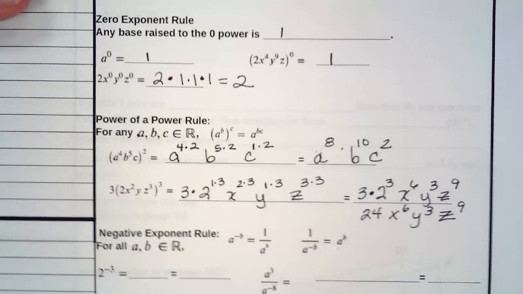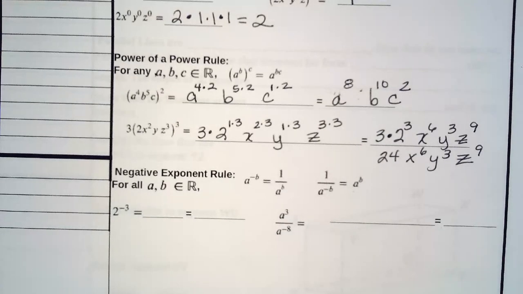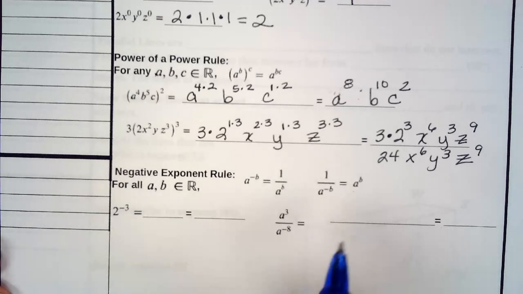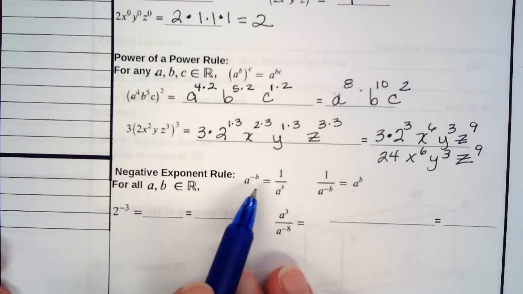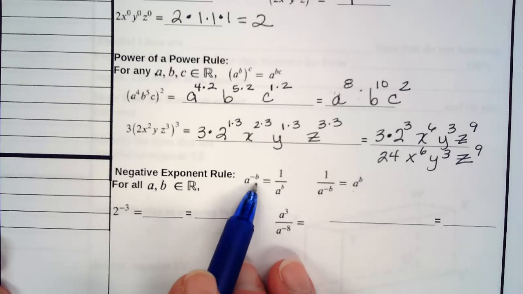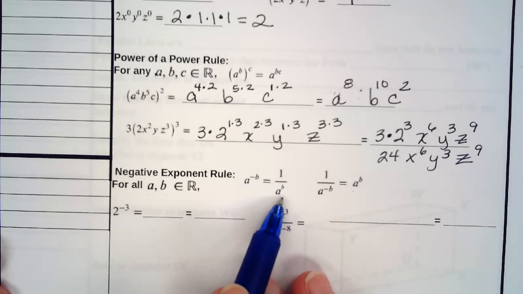This brings us to the negative exponent rule. You cannot have a negative exponent in a final answer. The only time you use negative exponents is when you're using scientific notation. Any other time, for any a and b, which are elements of the real numbers, a raised to the negative b power means it's going to go to the denominator.